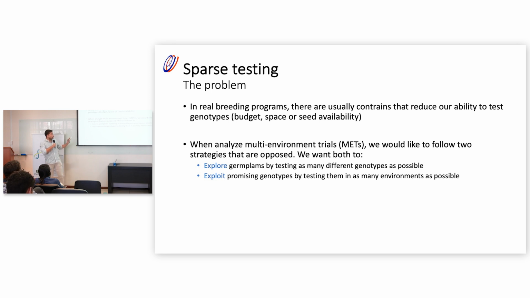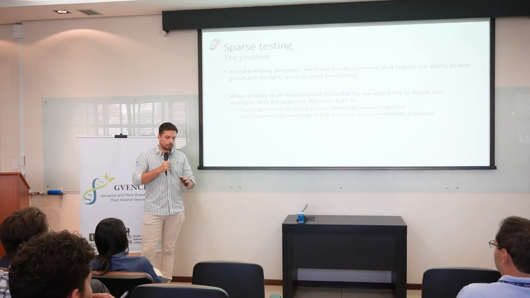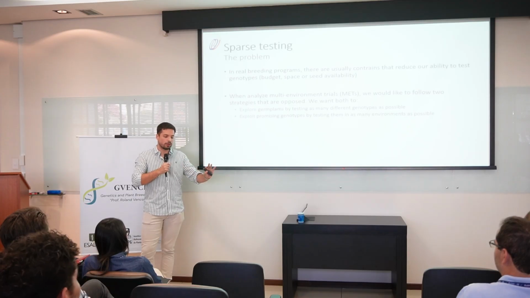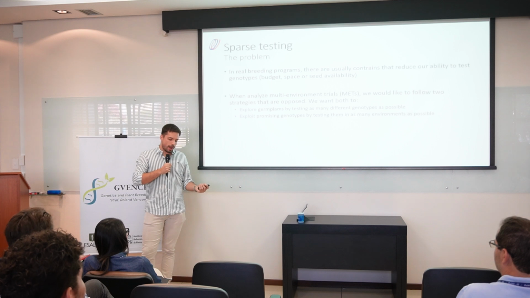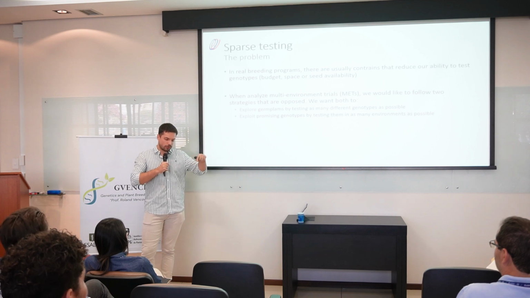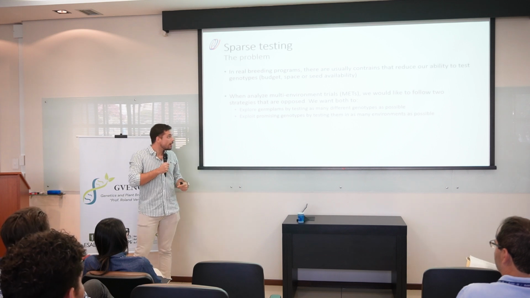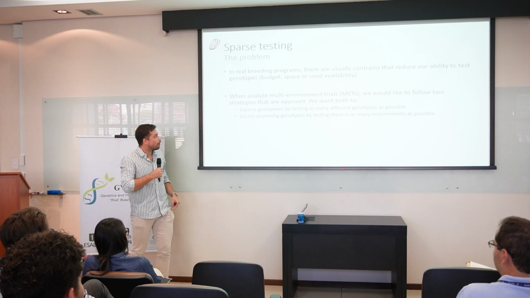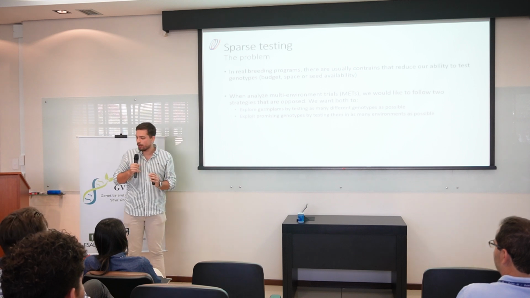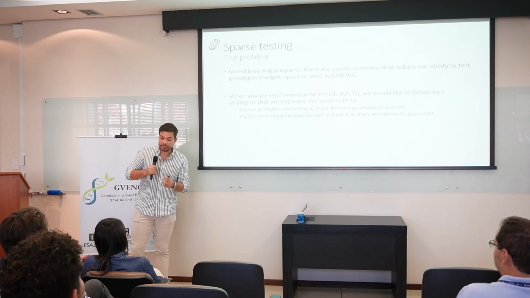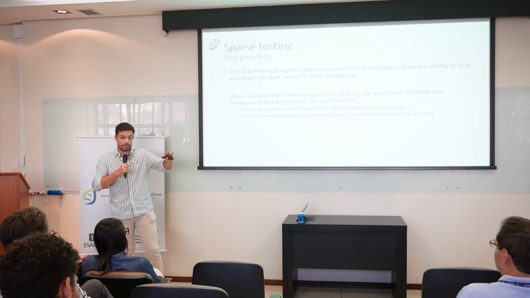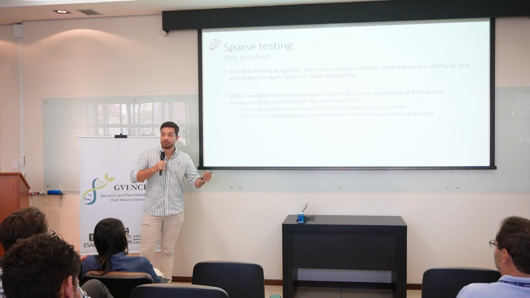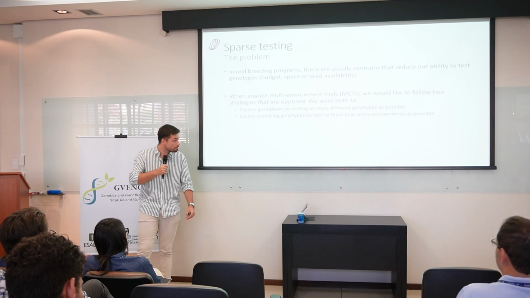In the case of explore, if I have limited spots, I prefer to test as many genotypes as possible, so I can improve the intensity of selection in the genetic equation, and I can see the variability. Or, given that I already have a good genotype, I would like to exploit it, meaning that I will evaluate it in many environments to see if it's really a racehorse, a warhorse, or a line that is not worth keeping in my program.